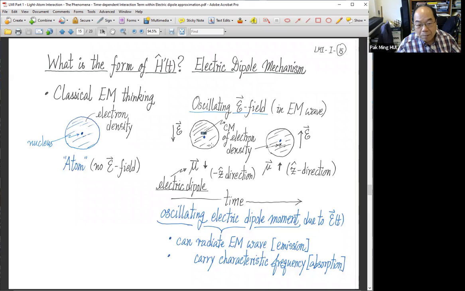So you have plus charge, minus charge separated by a distance. This is called electric dipole moment. All right? And more, it is shaking. So you have an electric dipole moment that is varying in time, a so-called oscillating electric dipole moment.